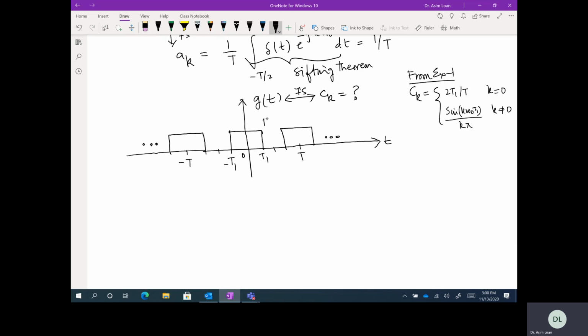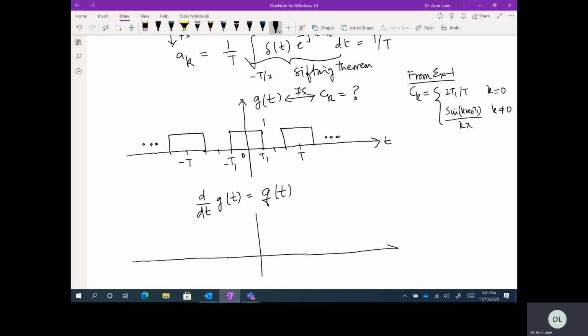So what if I take the derivative of g of t? d by dt of g of t is some q of t. What is this derivative? It's a straight line, so when I differentiate the square pulse, I will get impulses on the edges.